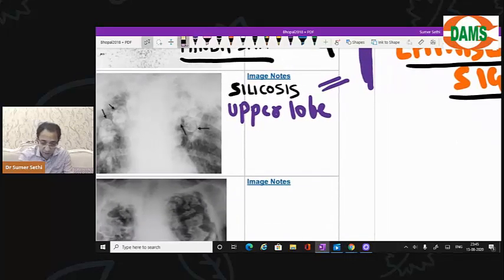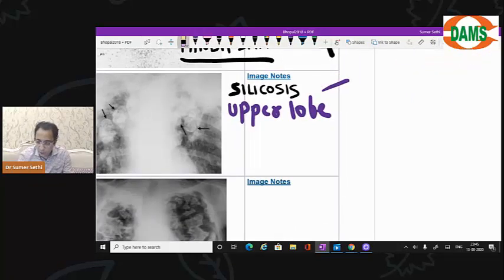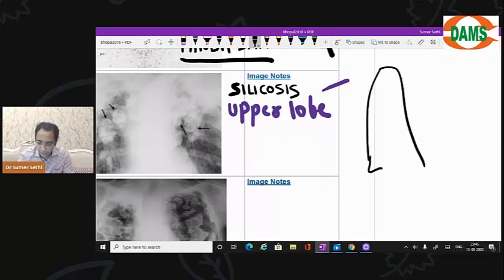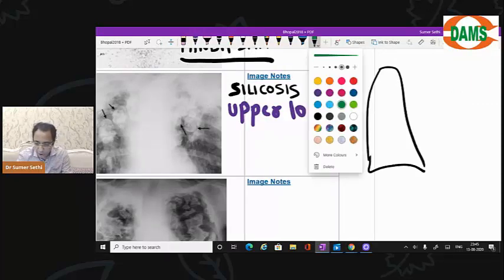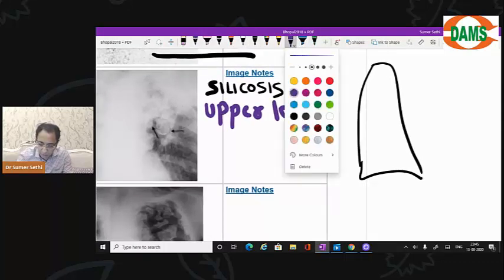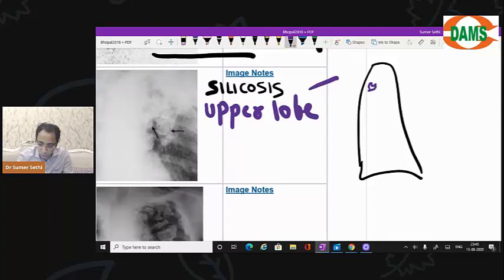Now let's see if you can answer. The silica which goes to the upper lobe of your lung is now taken up by the macrophages. The macrophages will tend to eat up the silica.